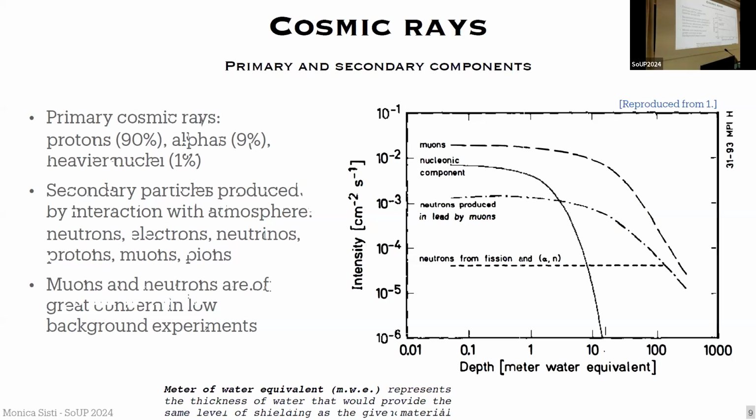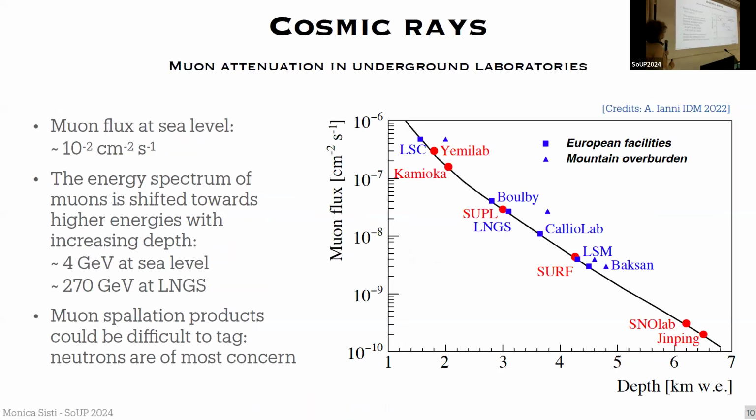And then at a certain point, when the most intense fluxes are reduced, also neutrons from fission and alpha-n reactions become important. So at the depth of most underground laboratories that you see here, you have to take care about neutrons and muons, basically. This is what remains.